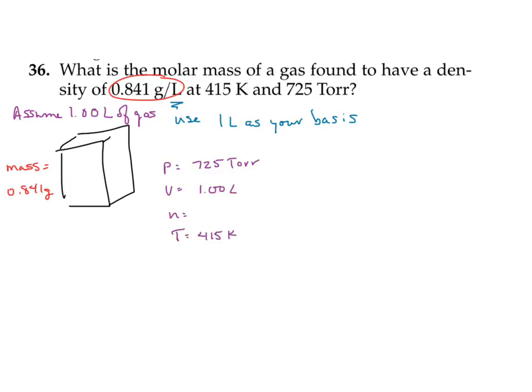The pressure was given. Now our volume is 1 liter. Why? Because we set that as our basis. We don't know our number of moles, but the temperature was also given. We can get to the moles, n, like before. Once you have n, then you can get to grams per mole, the molar mass, just by making a quick division.